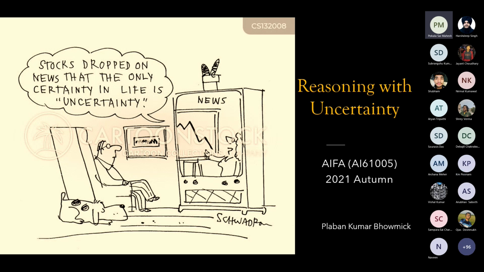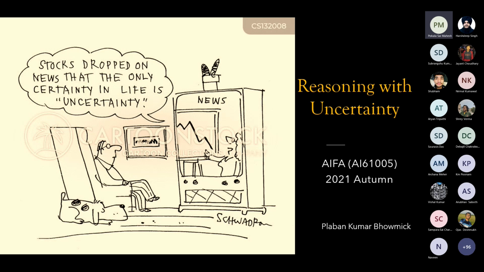Okay. So until now, we have talked about logic and resolution techniques and other things, SAT solvers, CSP. All of them have an underlying assumption that our world is deterministic, right?